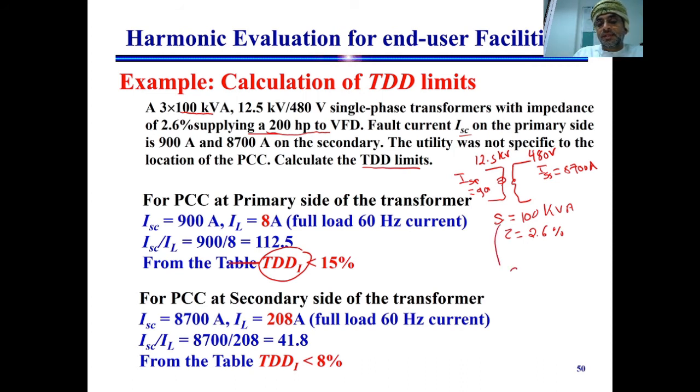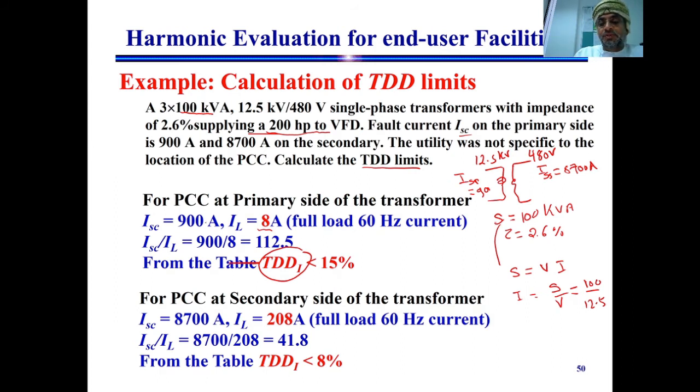We said that S is equal to V times I, so I will be equal to S divided by V, and this is a single phase, so S is equal to 100 kilovolt ampere, and V on the primary side is 12.5 kilovolt. So if you divide 100 over 12.5, that will give you 8 ampere.